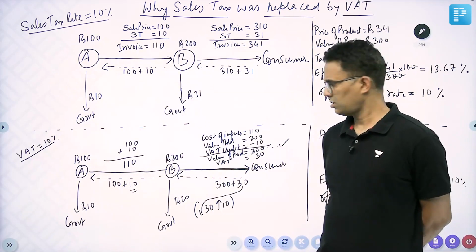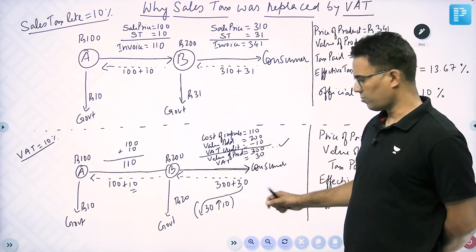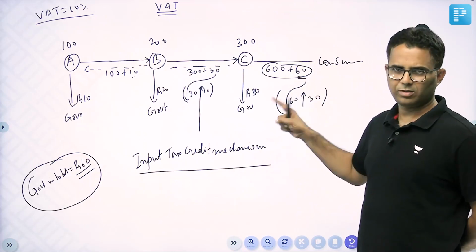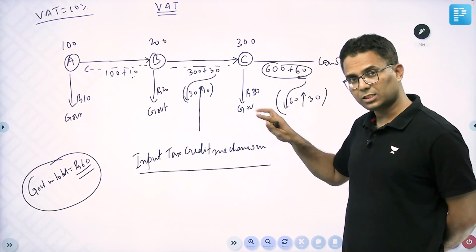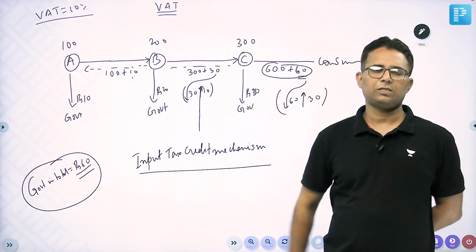Let me explain. And I assume that you have understood this mechanism properly. Everyone must understand and try to visualize it, how it is happening. Visualization is very important for understanding GST.